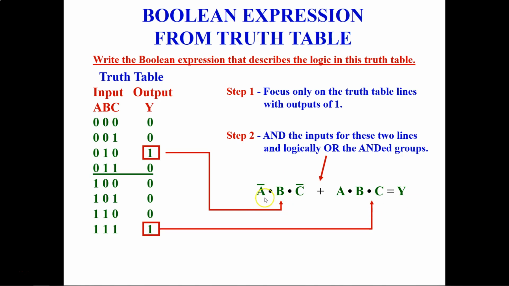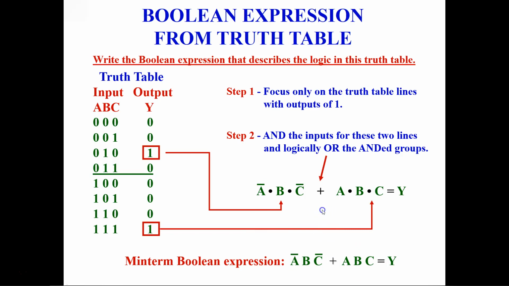These are products, and these products are being summed, which means it is a sum of products. So this is your min-term Boolean expression. You can see here it's written min-term Boolean expression. This is going to be your final Boolean expression. All right, so this was an example for sum of products.